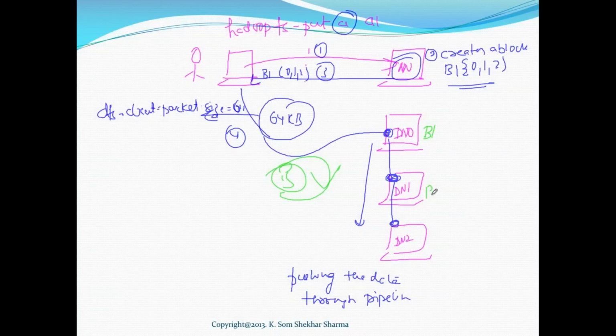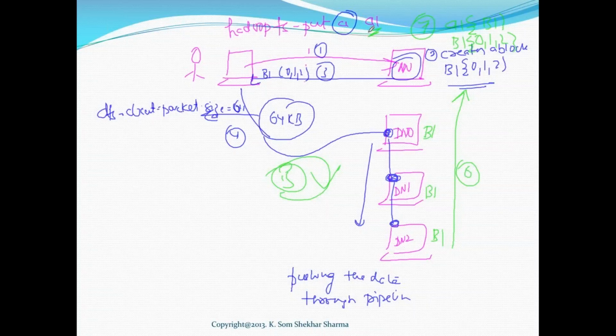Once the block of data is completed, these data nodes will send the heartbeat signal to the name node. Sixth step. Then at the seventh step, the name node will update the metadata saying that the file A1 has been broken into one block, and that block is hosted with 0, 1, and 2. So one block has been created for this file.